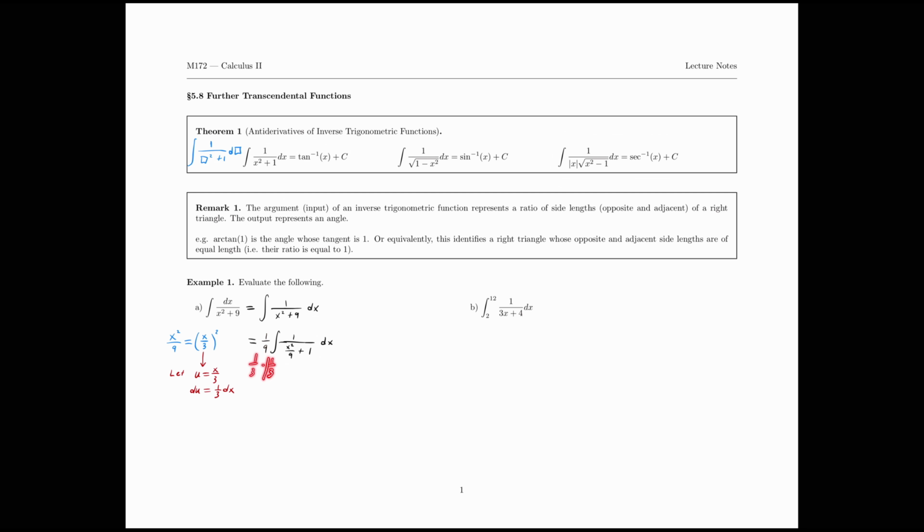So we can take one of these thirds and group it with the dx to give us our 1/3 dx. So that's a lot to say right there, so let's actually write this out. It's not necessary really, but it'll make it a little bit clearer for some.